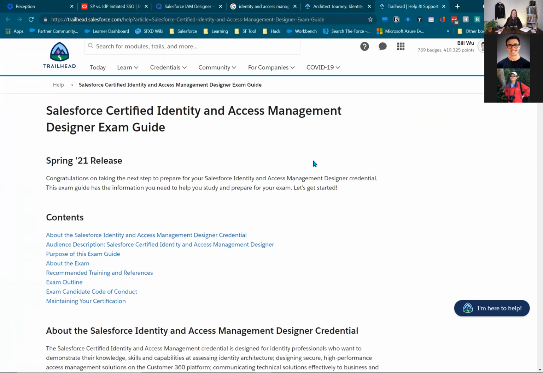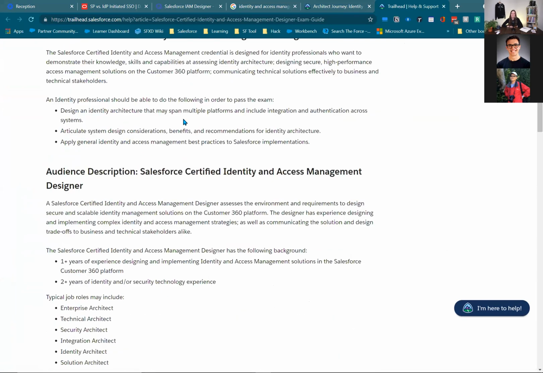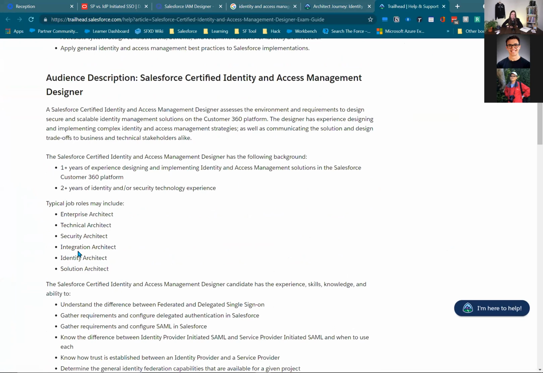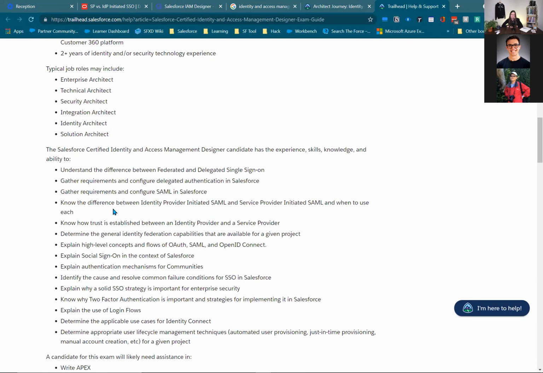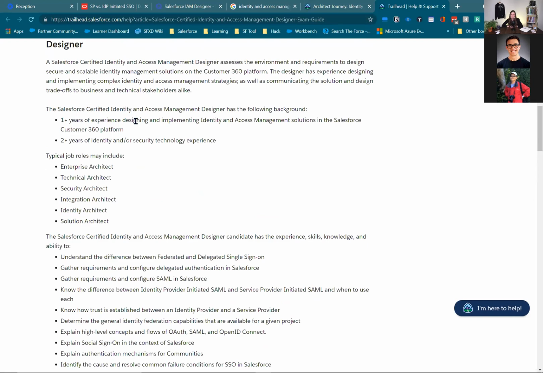So I'll show you through this whole process. This is the exam guide. The first part is just the general description, but from this part, the audience section is actually useful, because it will tell you the ideal candidate for this exam.